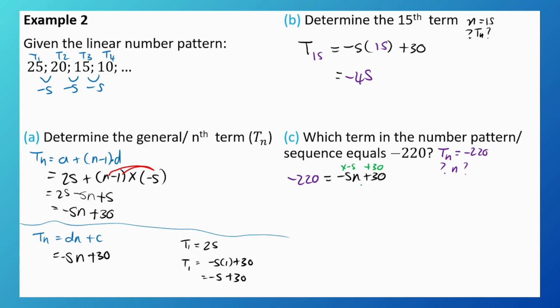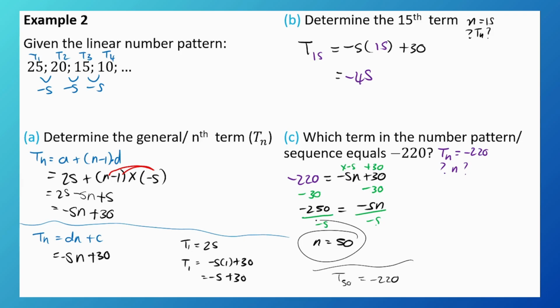So we're going to do the inverse, which is first subtract 30 and then divide by -5. And then you'll get an answer of 50. So term 50 is equal to -220. So again, if you would like to, you can say term 50 is equal to -220, but the important part is that one over there.